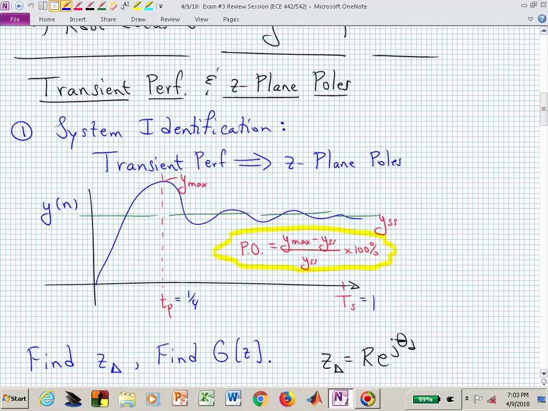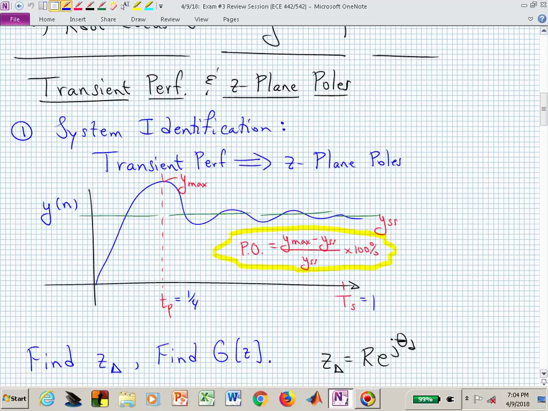And what would you do? Now you would physically measure, and this is subjective, where some of these points are, but use your best judgment. Hopefully it's pretty clear where Y max is, but in this case, on the discrete time case, try to count the number of ticks to get you to the T max. And hopefully you can be accurate in that and not be 1 or 2 off.